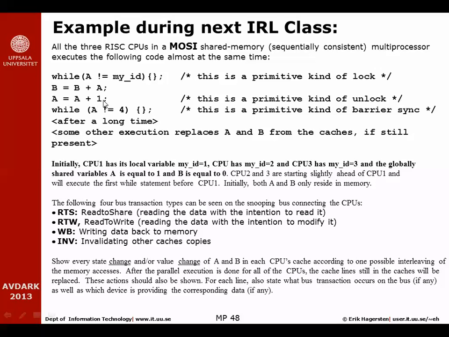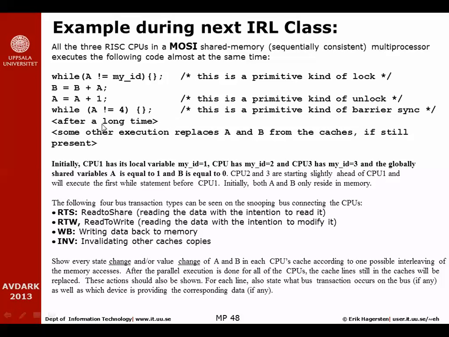So now A is the value 3, which will make CPU3 really excited, because now it will fall out of this infinite loop and execute these two statements, and while it's doing that, the other two CPUs are stuck in this infinite loop. They will get really excited when CPU3 gets down to this statement and increments the value of A to 4, because that means the other two will fall out of this loop and can continue execution.